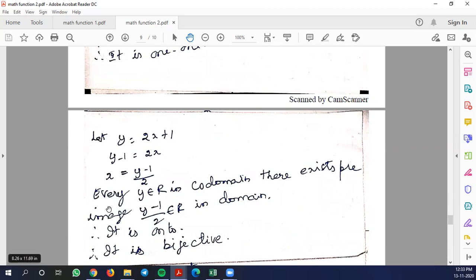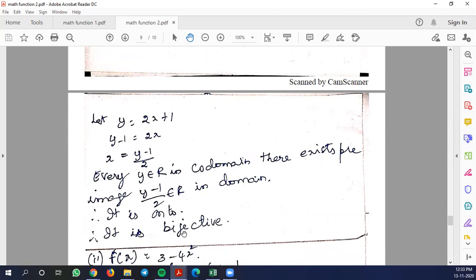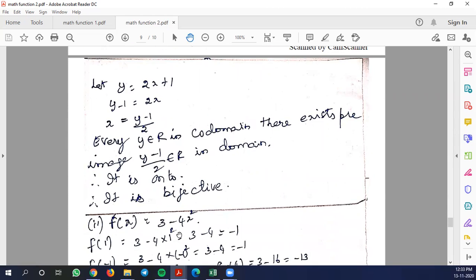So every y belongs to R in codomain, there exists pre-image y minus 1 by 2 belongs to R in domain. So it is onto. Therefore it is bijective.